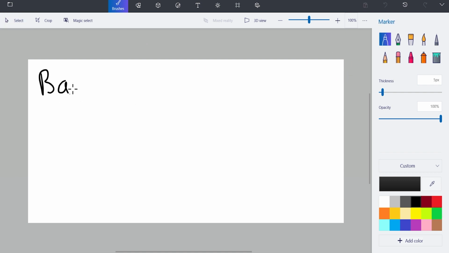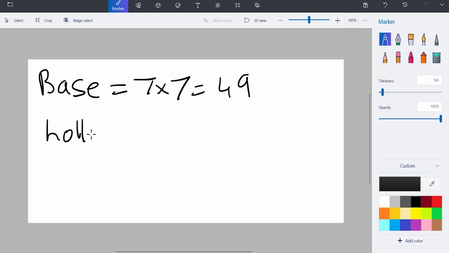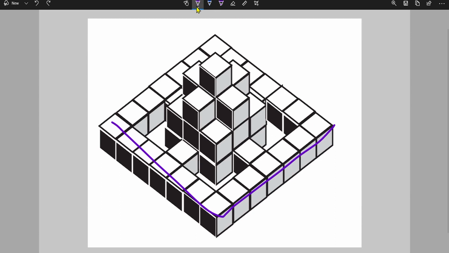Let's just call this base equal to 7 by 7, which is equal to 49. Then hollow, because the base is chopped up in these locations marked in red. This one is, at the back, same thing is happening on all 4 sides.